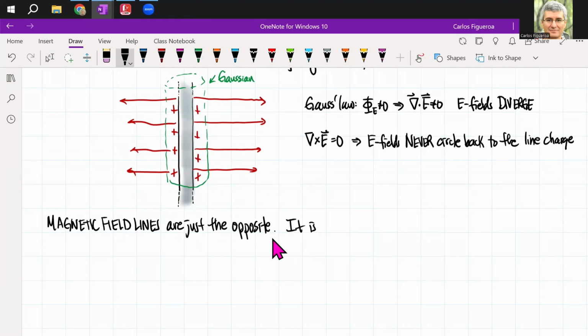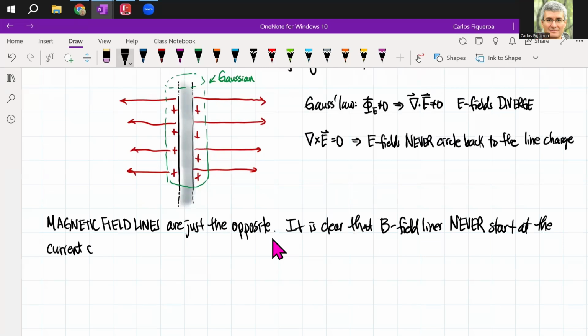It is clear that magnetic field lines never start at the current carrying wire and poke outwards.